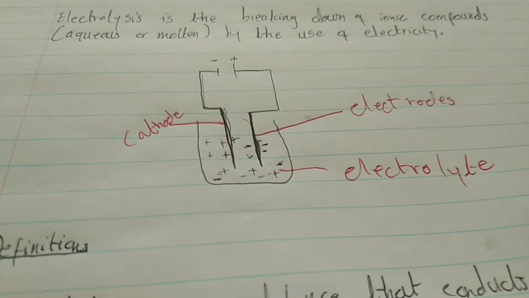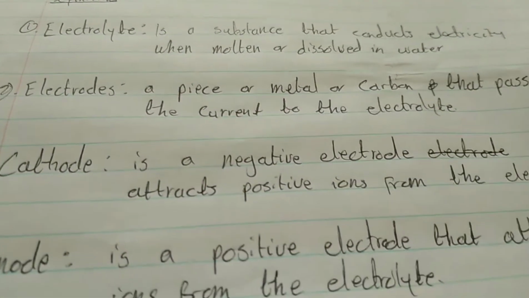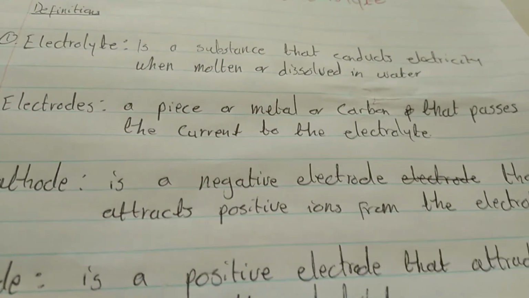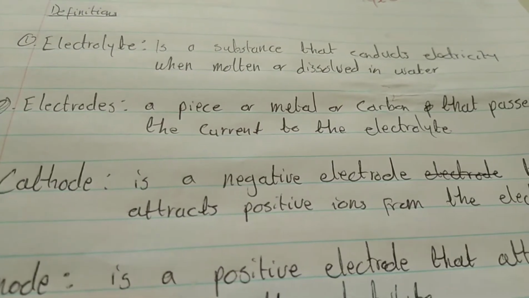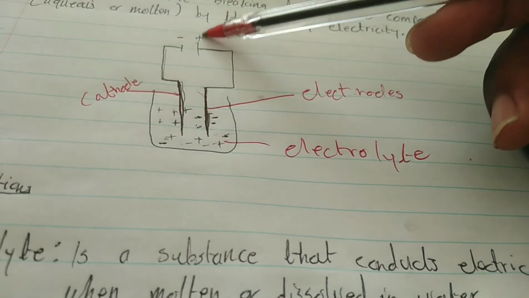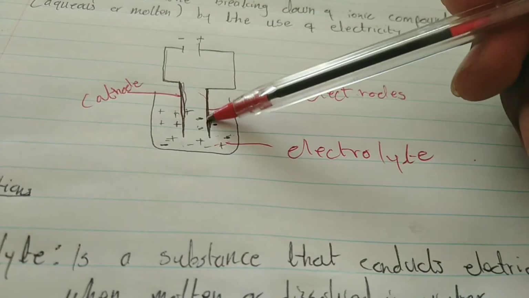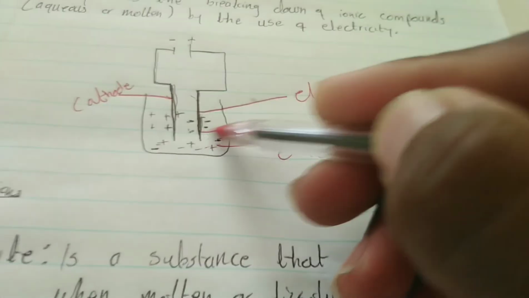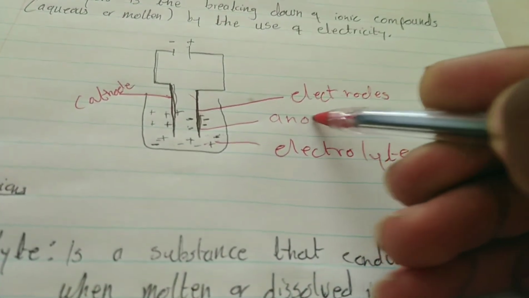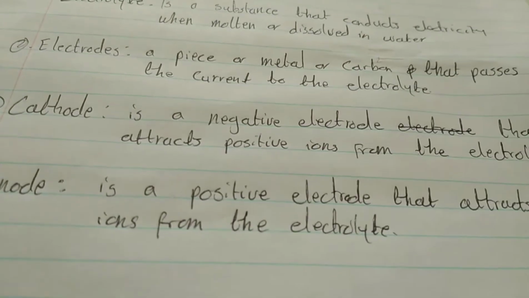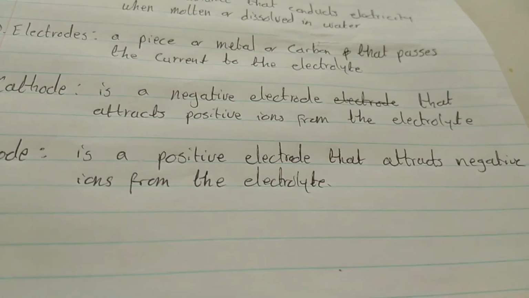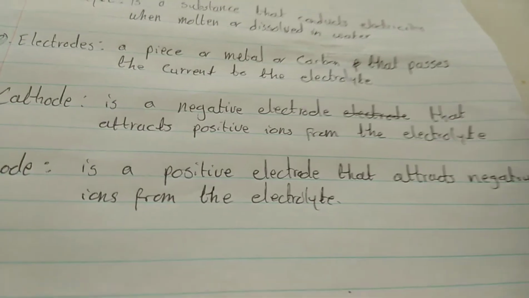The cathode is a negative electrode that attracts positive ions from the electrolyte. The other one, under the positive terminal in the electrolysis setup, we call the anode. An anode is a positive electrode that attracts negative ions from the electrolyte.